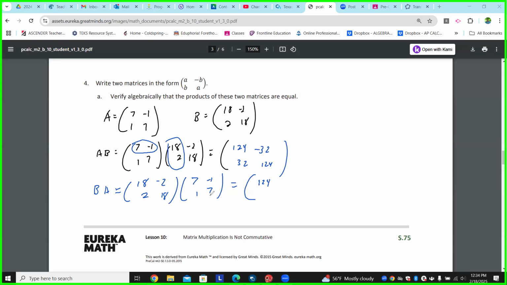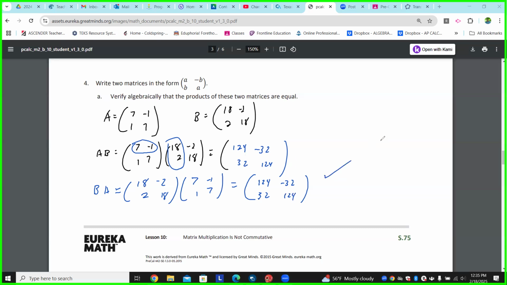Negative 2 times 7 is negative 14. Negative 18 minus 14 is negative 32. 2 times 7 is 14. 18 times 1 is 18. 14 plus 18 gives me 32. 2 times negative 1 is negative 2. 18 times 7 is 126. Negative 2 plus 126 gives me 124. These do, in fact, equal.